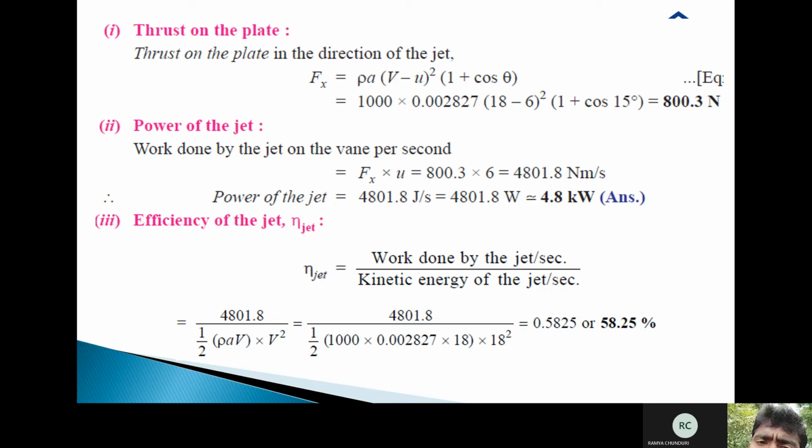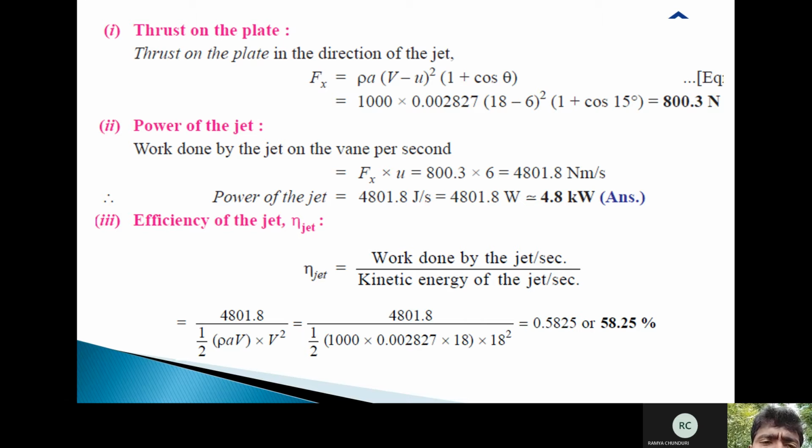A was already calculated in the problem. V is 18, and u is also given in the problem. Theta was already calculated: 180 minus 165 equals 15 degrees. These values are substituted in the F_x equation, giving F_x equal to 800.3 newtons.